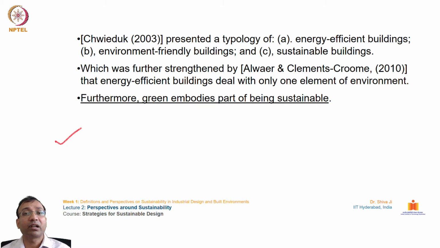There may be some products designed by the companies which could not achieve even 1 star, and they were declared not worthy for the market, not worthy for the consumers to buy. That is why they were not allowed in the market, and that's why we see these products, for example HVACs like air conditioners, come with these star ratings.